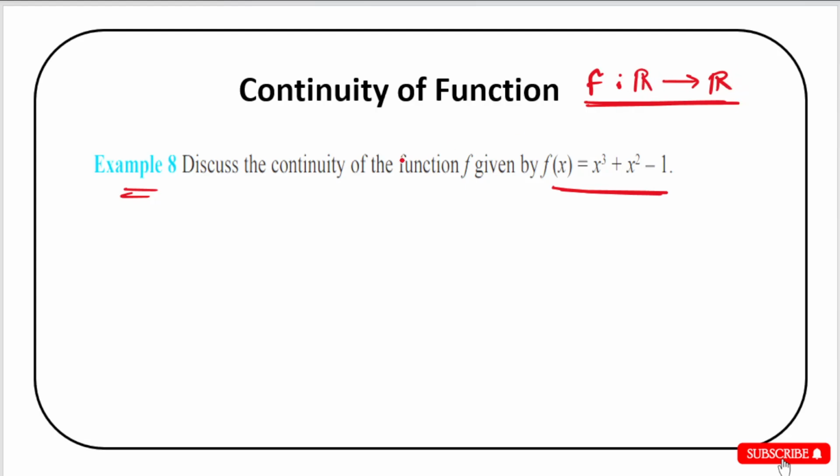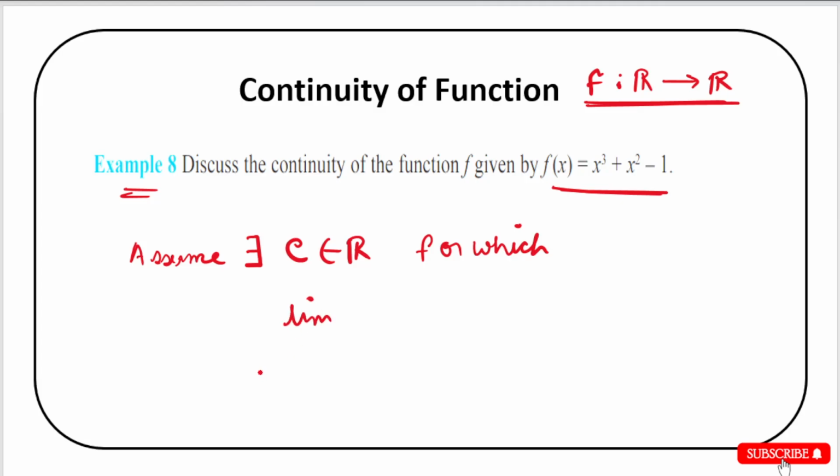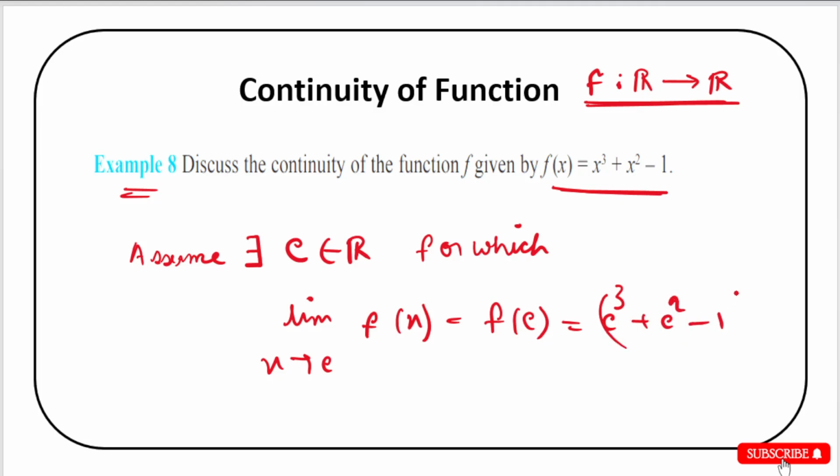So what you have to do, you will say assume there exists a real number c for which limit x tends to c of f(x) is exactly equal to f(c), which is equal to c cubed plus c squared minus 1.